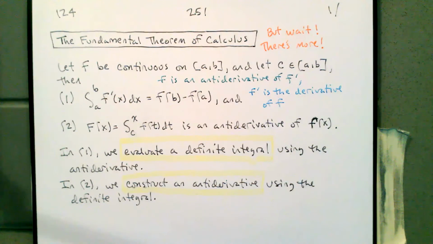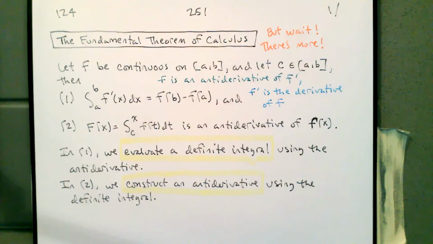Now let's get to the second part. The second part says this function capital F of x, defined to be the definite integral from c to x of f of t dt, is an antiderivative of little f. Let's see why this matters. In the first part of the fundamental theorem of calculus, we are evaluating a definite integral using the antiderivative.